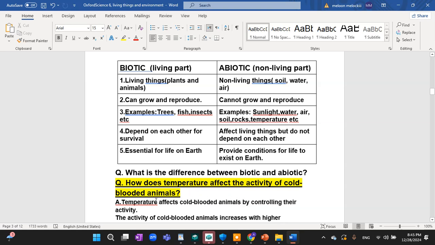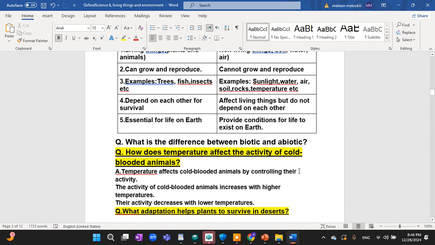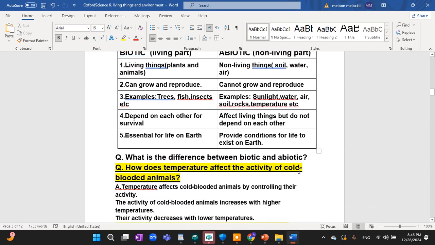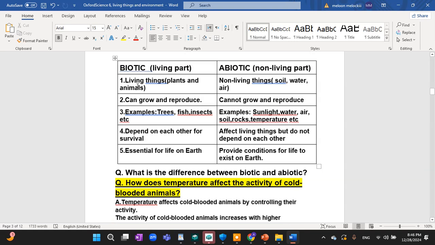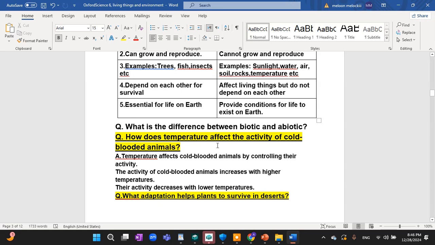Next question. What is the difference between biotic and abiotic? Okay, so the answer to this question is this table, biotic and non-biotic part. Next question.